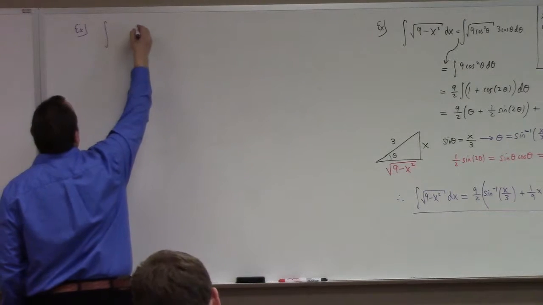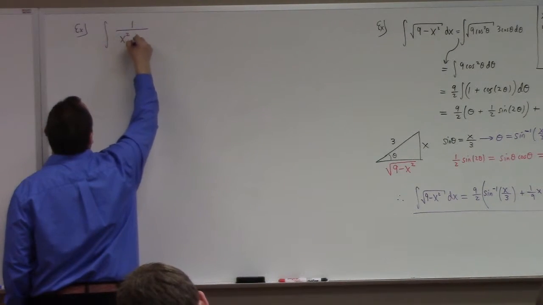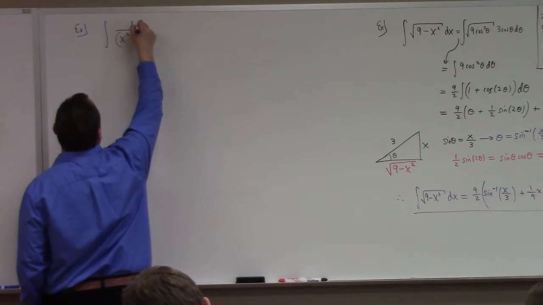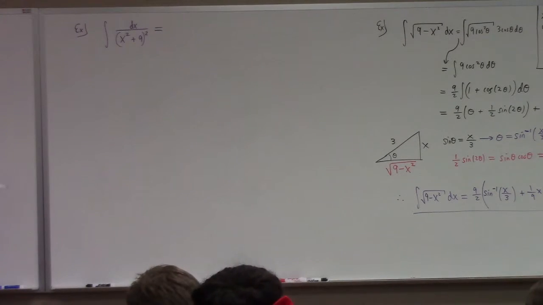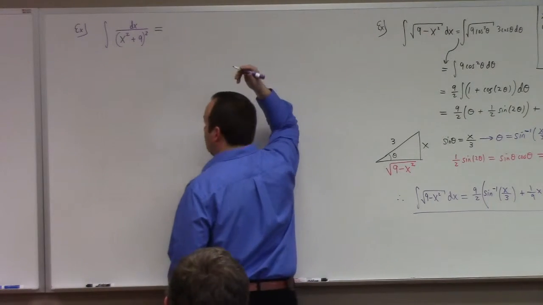The integral of 1 over x squared plus 9 quantity squared. Now, we had this identity earlier today, which was what?